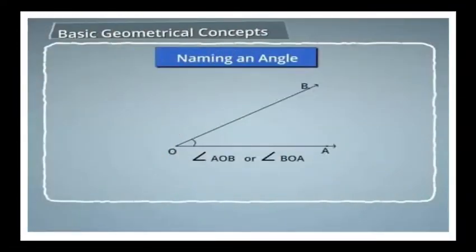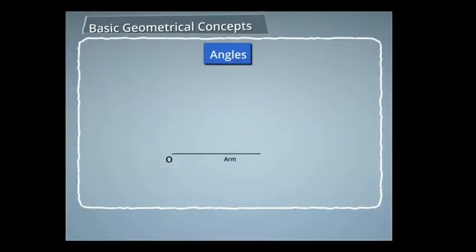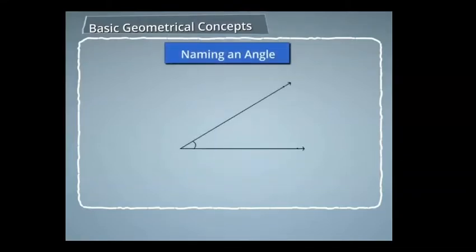Now let's see a video about naming of an angle and the interior and exterior of an angle. Angles. Two rays OA and OB starting from the same end point O. The point O is called its vertex, and the rays OA and OB its arms or sides. To name an angle formed by two rays with the same initial point, we name the vertex, say O, and take 2 points A and B, one on each arm.